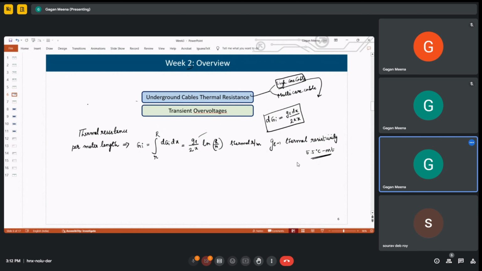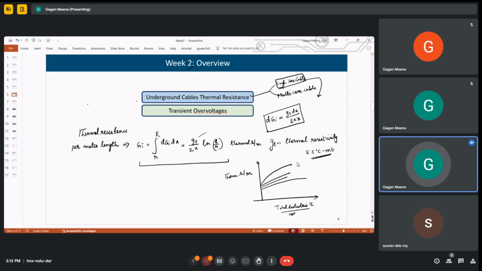Thermal ohm per meter. And for insulation of multi-core cable, finding out the formula is not that easy. So from experiments we have the empirical results, there are certain curves, and based upon the curve we can find out the thermal resistance. So here on the y-axis it is thermal resistance per unit length, and on the x-axis it is the ratio of total dielectric thickness divided by the core diameter.